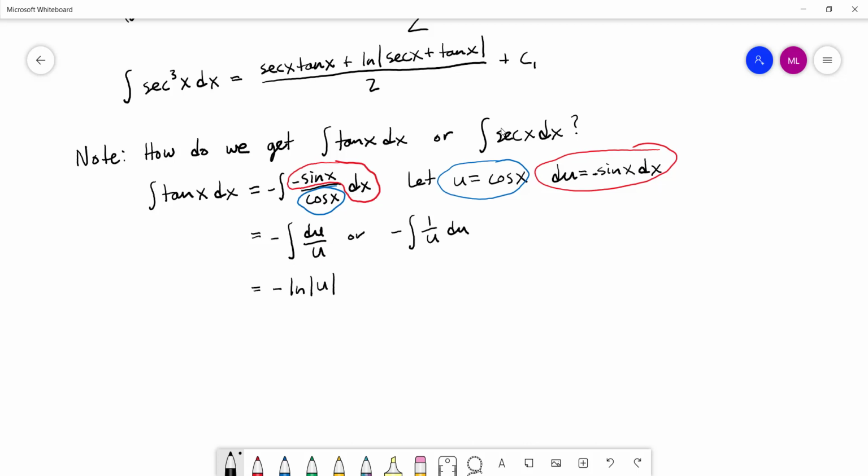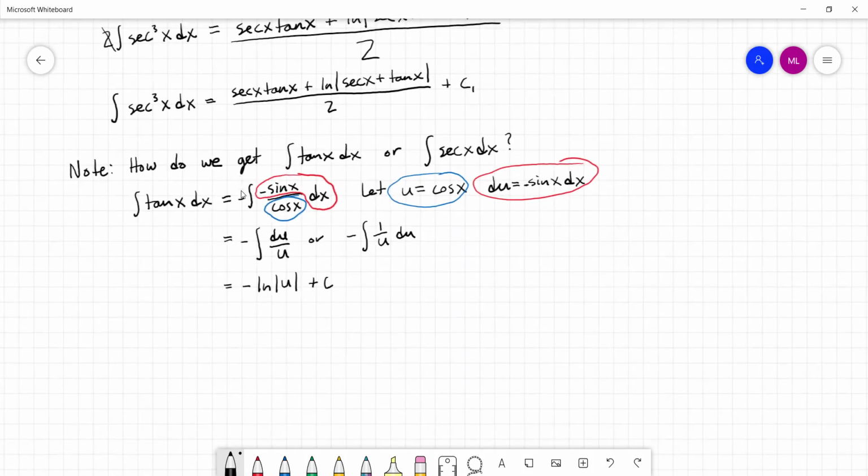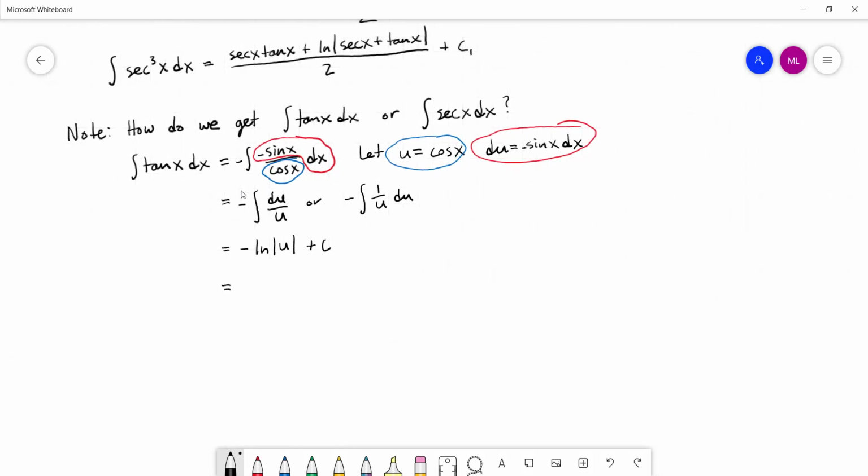So far, so good. We have this thing now written in terms of u, and let me just add in my plus c before I forget that. I have it written in terms of u, but we want it written back in terms of the original variable x. So I can plug x back into this, and we will get negative the natural log of the absolute value of cosine of x plus c.